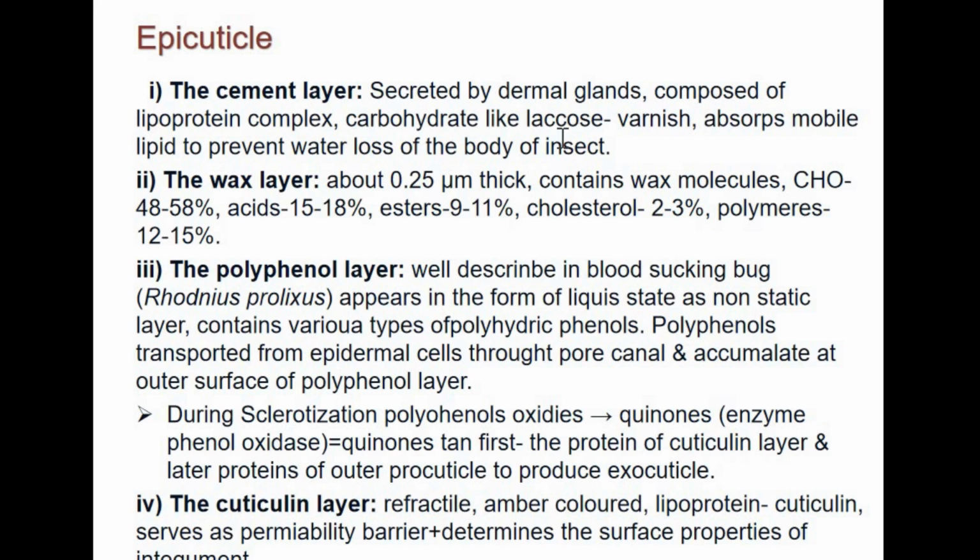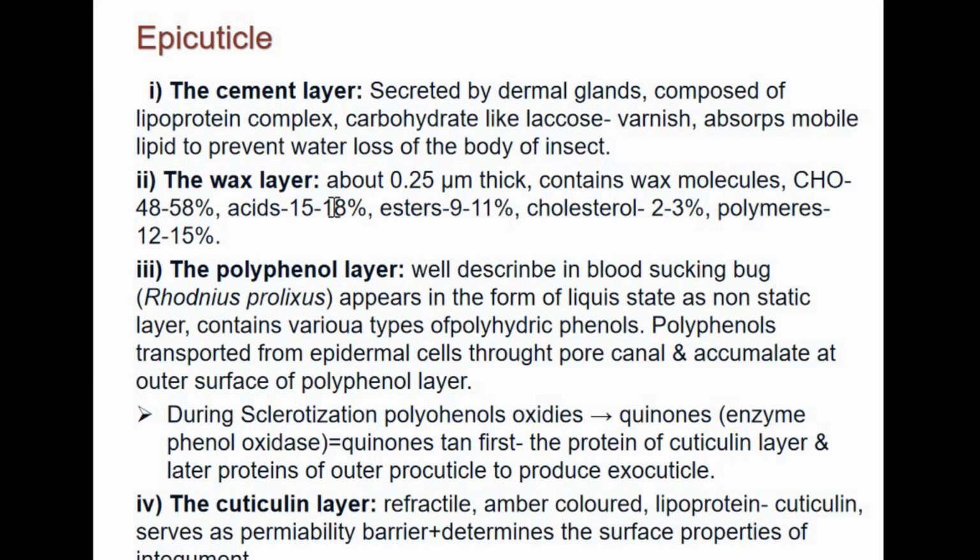The cement layer absorbs the mobile lipids that are used for sealing over the surface and abrasion in order to prevent water loss from the body. Such a cement layer serves as a reservoir for lipids. Remember that the cement layer prevents the water loss of the insect body.